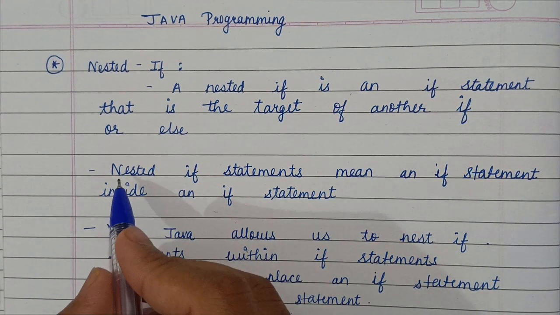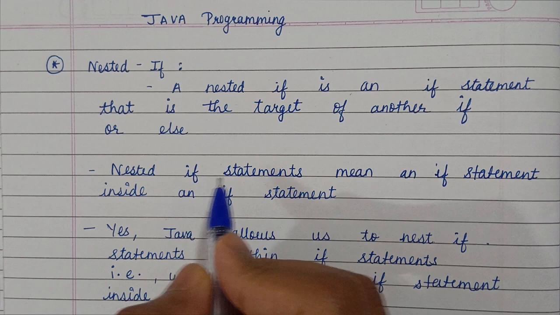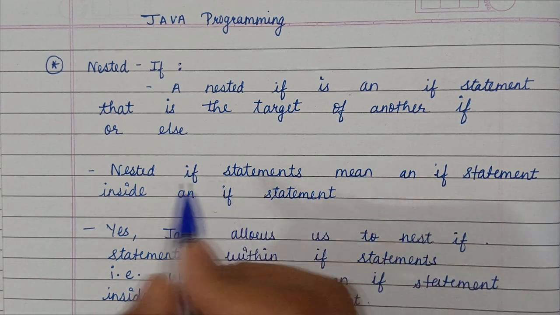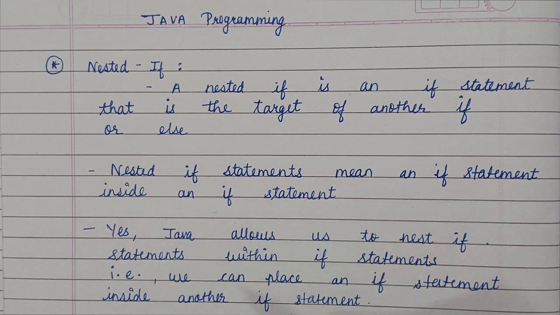So the next point is nested if statements means an if statement inside an if statement. We have understood if statements in the previous video, where there is only one block of if statement.